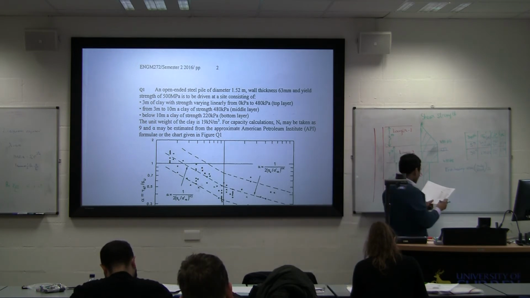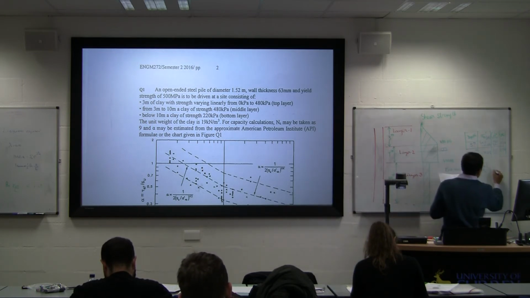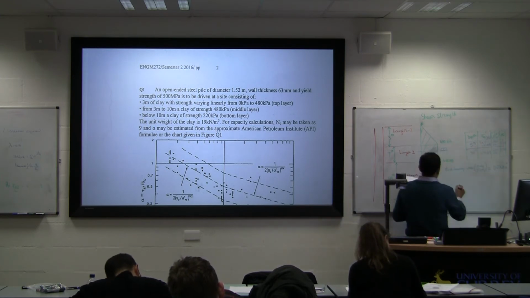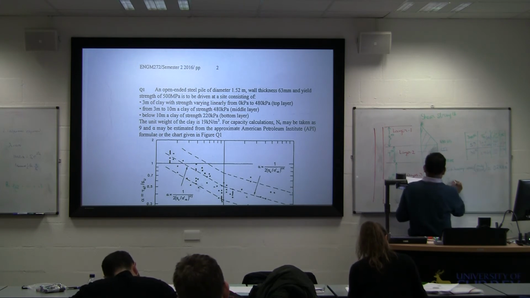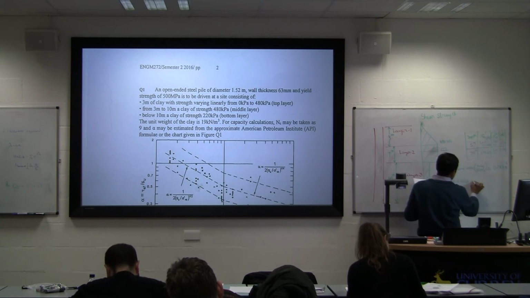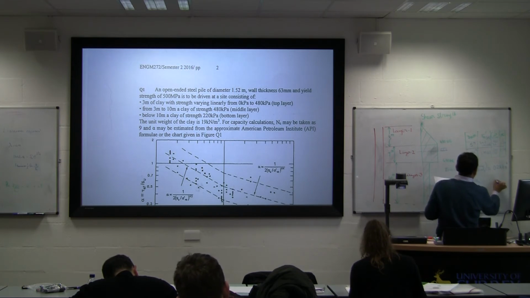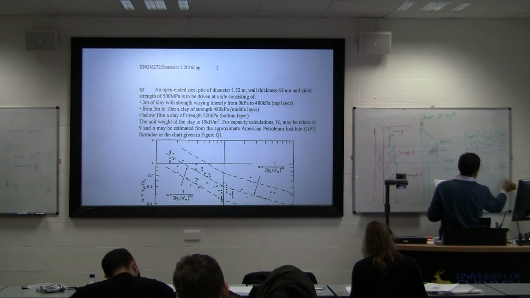The end bearing rim area is 0.288 meters squared, and the total area is 0.815 meters squared, right?